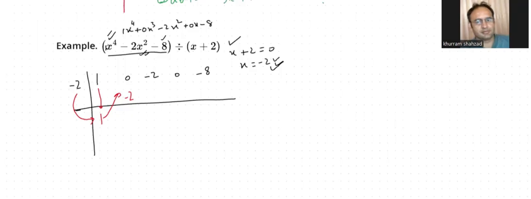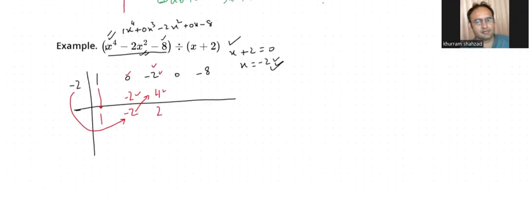So 0 plus -2 is actually -2. Next, we will multiply this -2 with this -2, and we will write the result here under this -2. -2 times -2 is actually +4. So we will add now -2 and this +4. We will get here +2.